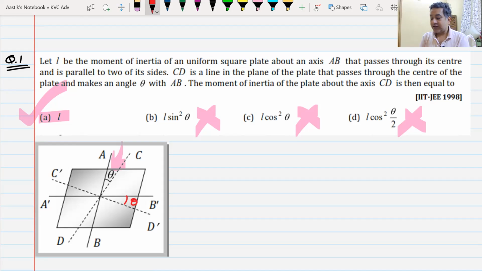Moment of inertia about AB and A dash B dash should be the same. And if you add AB and A dash B dash, you should get the moment of inertia along this axis. If you add CD and C dash D dash, you should get the moment of inertia about this axis. That means the moment of inertia about this axis should be the same as this axis because there is symmetry in the figure.